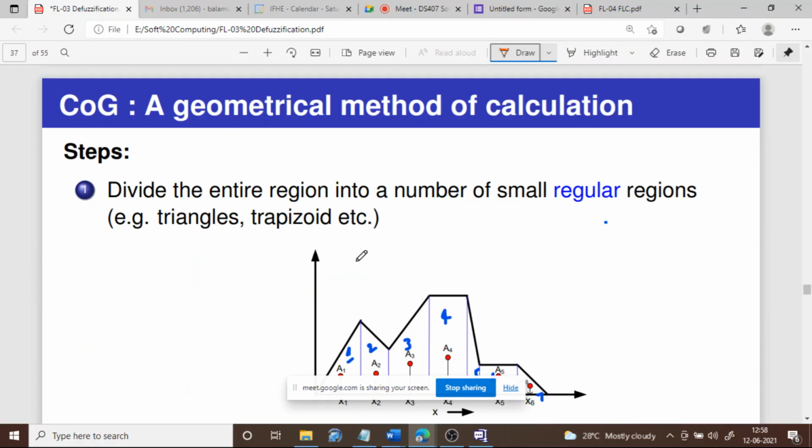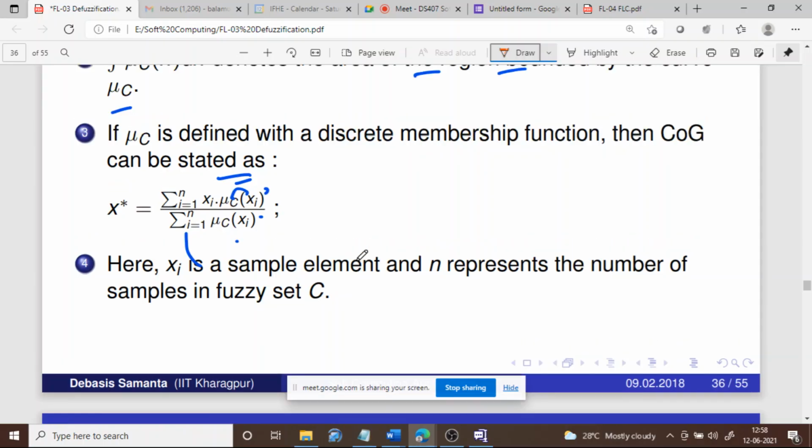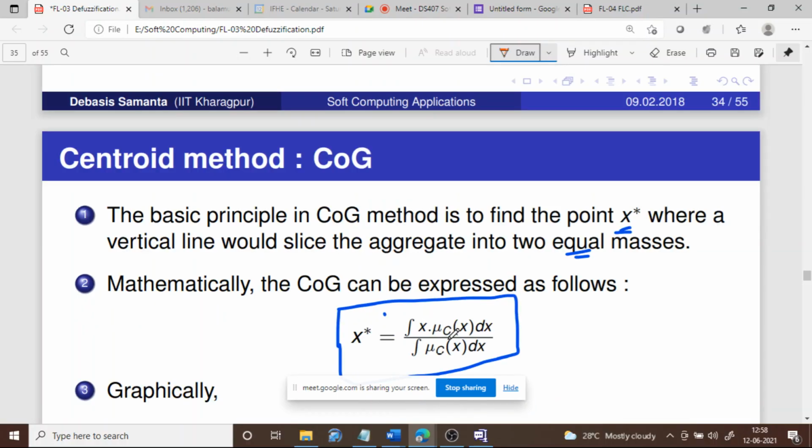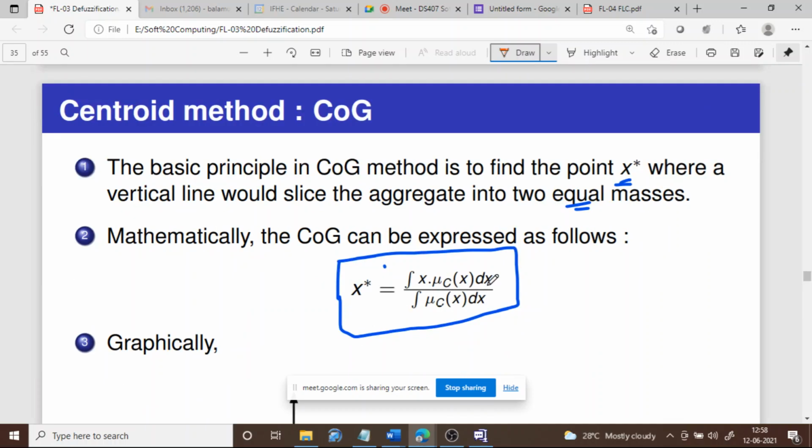This is the formula: integration of x into the membership function of x dx, divided by integration of the membership function of x dx.